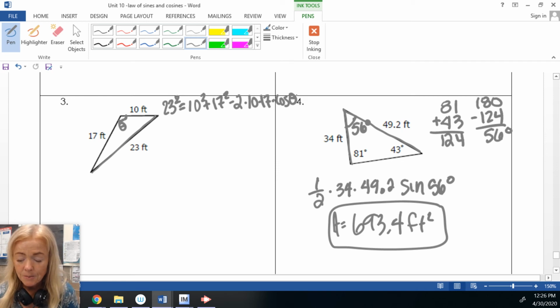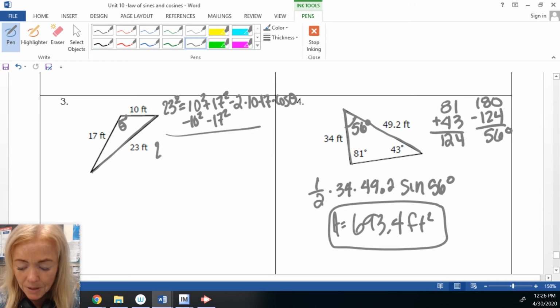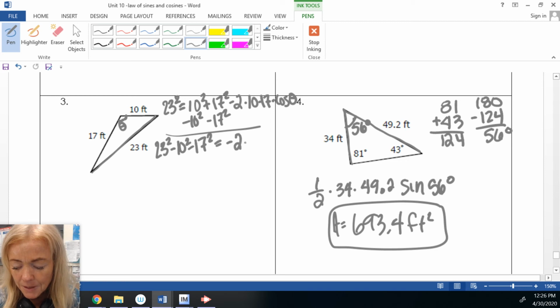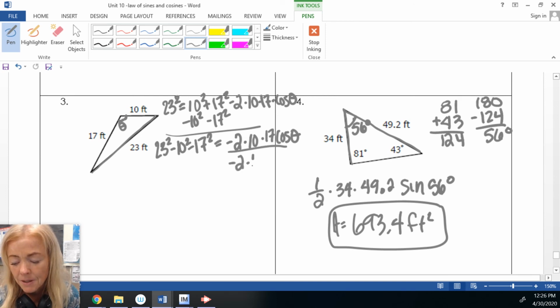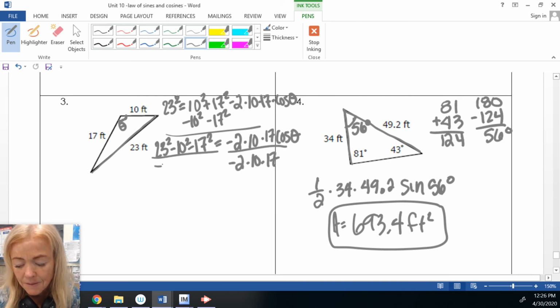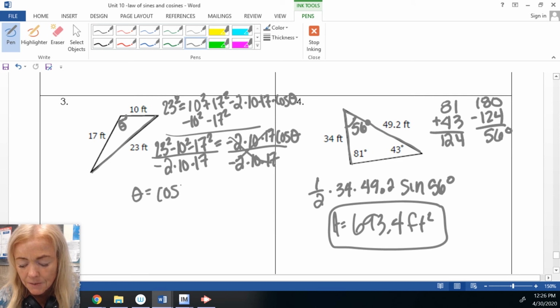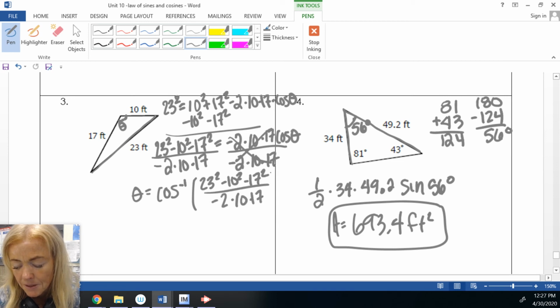So then we subtract the 10 squared and the 17 squared from both sides. We get 23 squared minus 10 squared minus 17 squared equals negative 2 times 10 times 17 times the cosine of theta. Then we divide by negative 2 times 10 times 17. So theta equals the cosine inverse of 23 squared minus 10 squared minus 17 squared all over negative 2 times 10 times 17.